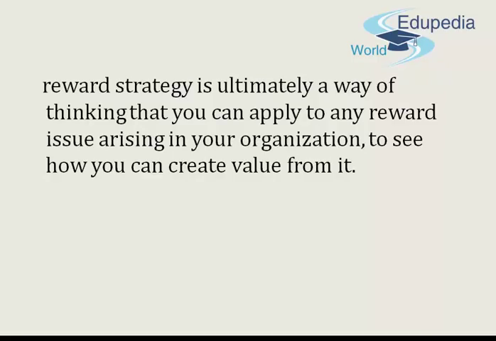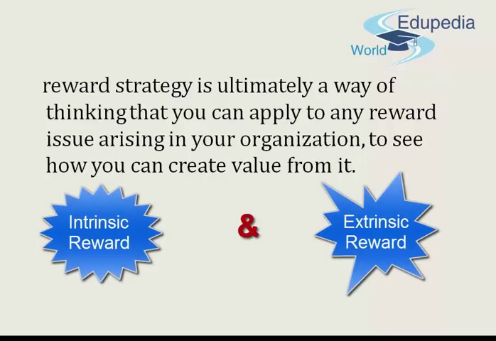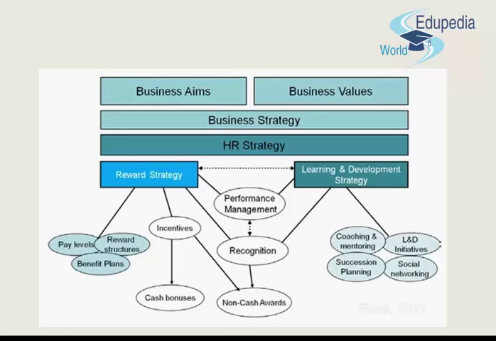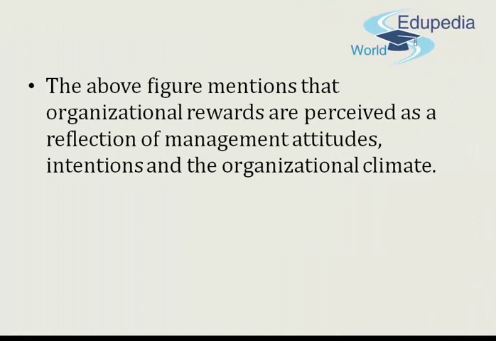The organizational rewards include all types of rewards, both intrinsic and extrinsic, that are received as a result of employment by the organization. The diagram which is given shows reward strategy as an important part of HR strategy. The figure shows that organizational rewards are perceived as a reflection of management attitudes, intentions, and the organizational climate.